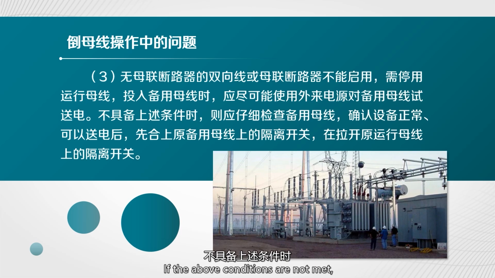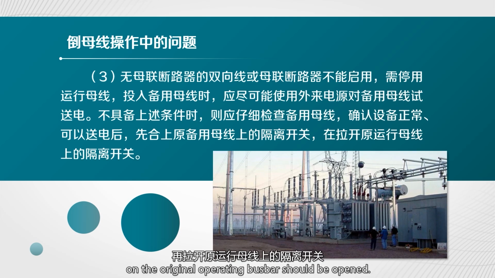If the above conditions are not met, the standby busbar should be carefully inspected. After confirming that the equipment is normal and ready for energization, the disconnector on the original standby busbar should be closed first, and then the disconnector on the original operating busbar should be opened.